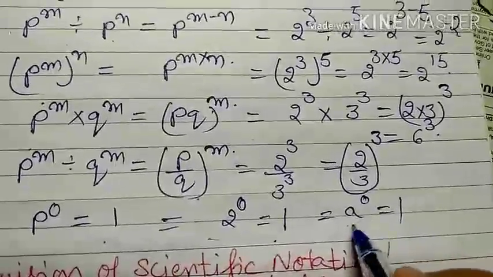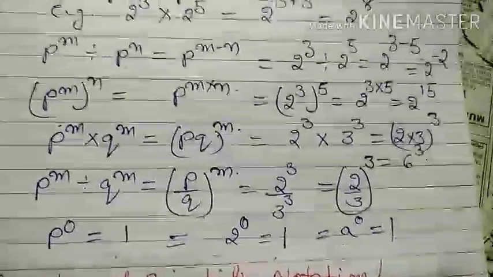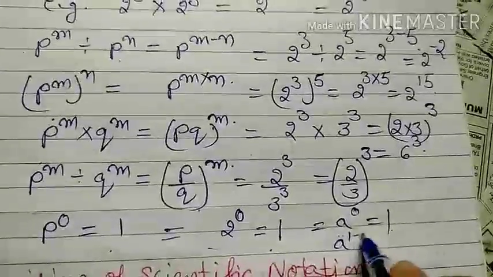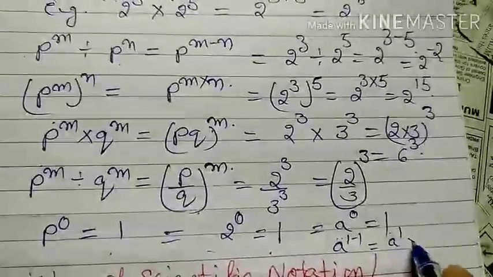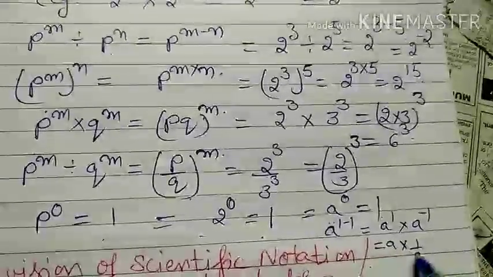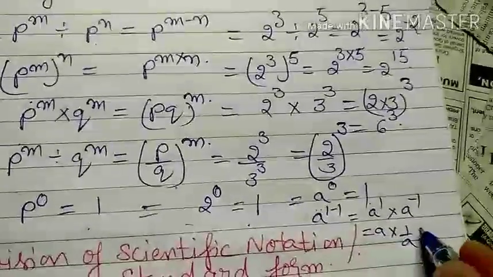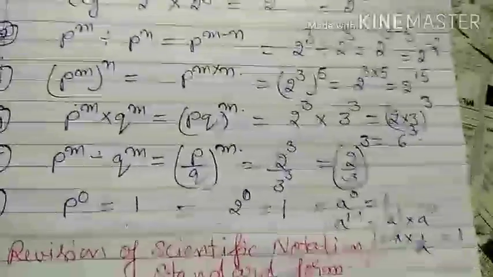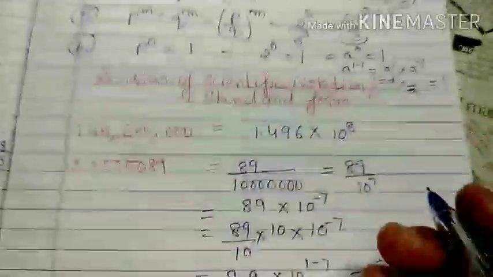Why do we write that every time any term has power 0 it is equal to 1? Because when you open a raised to power 1 minus 1, you separate it into a with the negative power, and a into 1 by a with the positive power, so that cancels and always gives you 1. That's why any term with power 0 we consider as 1.